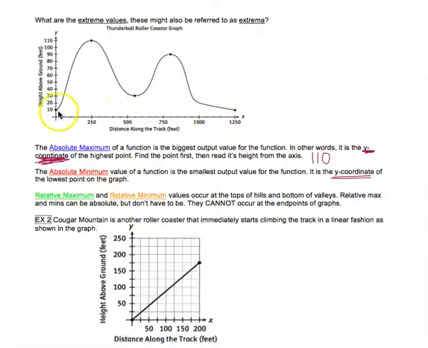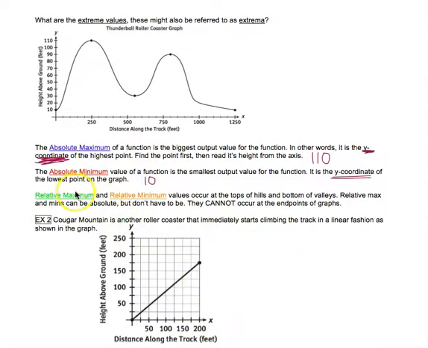In this case, there are kind of two lowest points, it looks like, but either way, that y value is 10, so that is the absolute minimum. And remember, as I told you earlier, if it doesn't say whether it's supposed to be an absolute or a relative, then it's understood to be absolute. So if it just says maximum or minimum, it means absolute maximum or minimum.